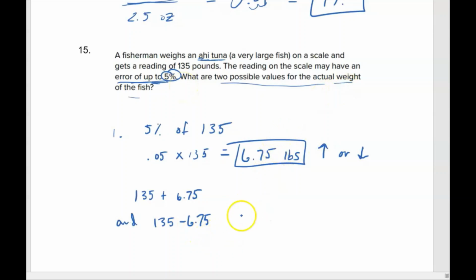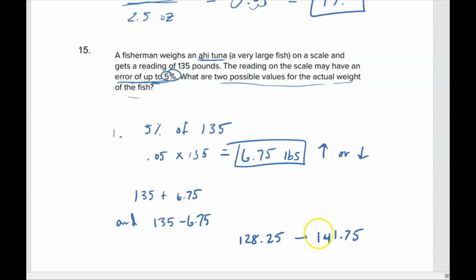So 135 minus 6.75 would give me 128.25. And 135 plus 6.75 would give me 141.75.